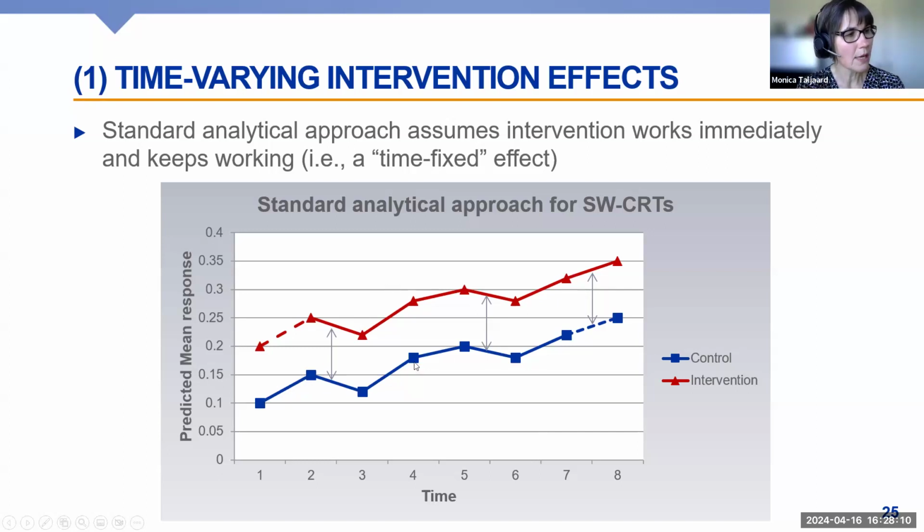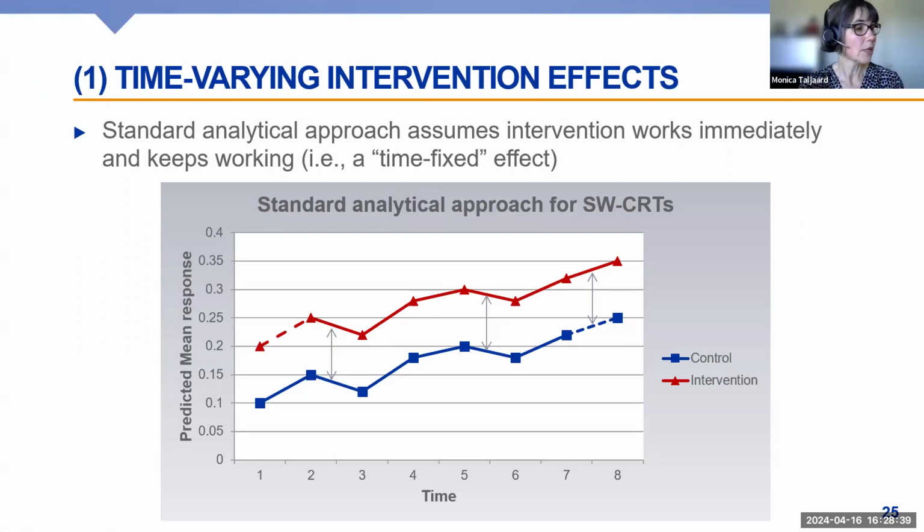So the blue line is just plotting out the time trend, or the modeled data, in the control periods. That is before the intervention is introduced. It's just showing what the estimated secular trend would be, the outcome trajectory in the control condition. When the intervention is introduced, the model assumes there's a step change.